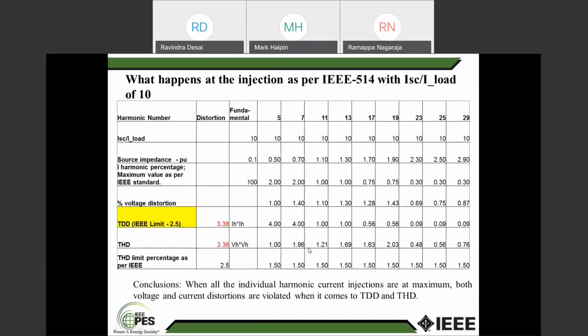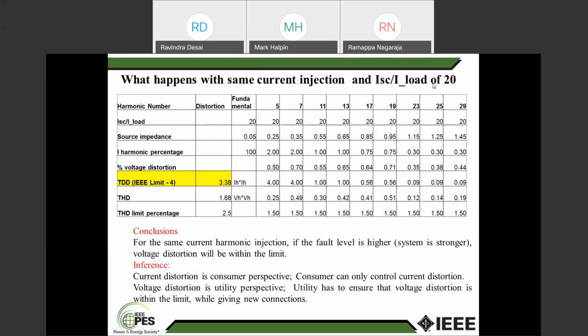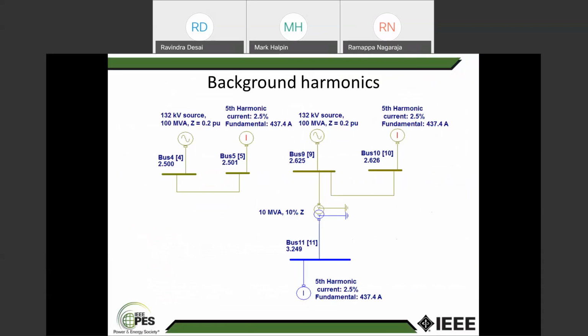For example, in the existing system, if the source fault level is very low, means the impedance is high, he should not try to connect many consumers. This is what actually the IEEE 519 talks about.